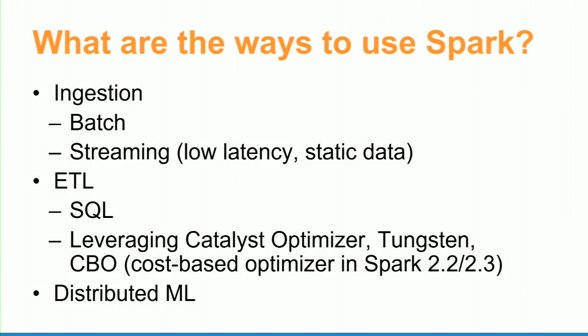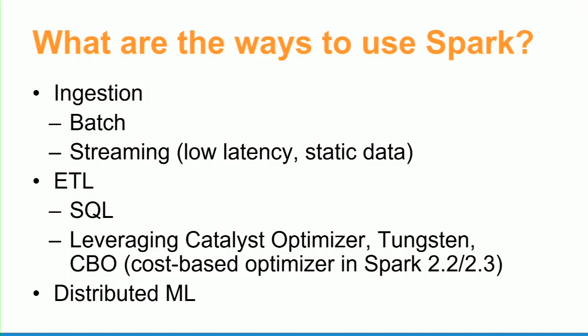So what are the ways to use Spark? There are lots of different companies and engineers out there using Spark in several different ways. You could be ingesting data either from a reliable messaging system like Kafka or just reading from storage. You could take this data and pass it through some sort of ETL process, using SQL or DataFrame transformations.